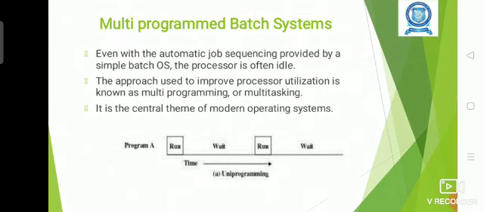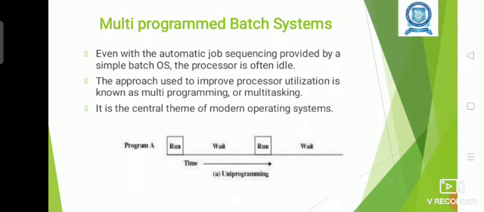Then the next type of systems were multi-program batch systems. The previous systems, single batch systems, execute the jobs sequentially.